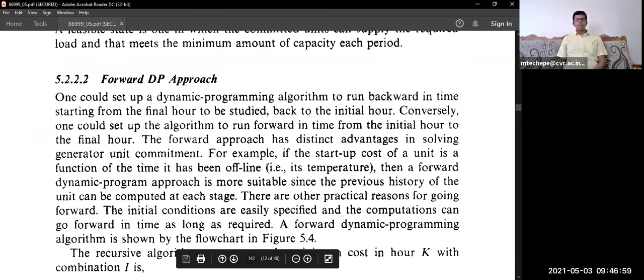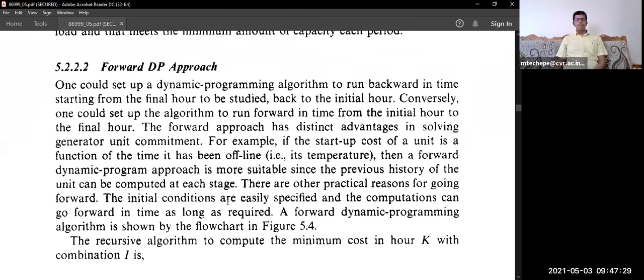For example, if the startup cost of a unit is a function of the time it has been offline, that is the temperature, then the forward dynamic approach is more suitable, since the previous history of units can be computed at each stage.